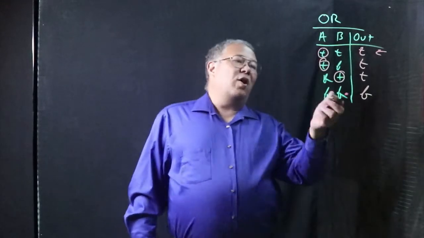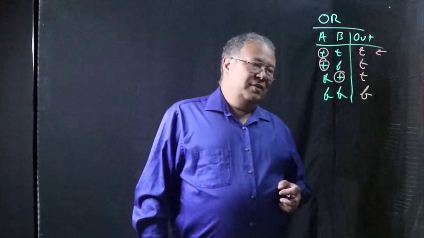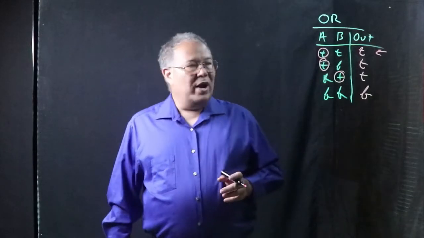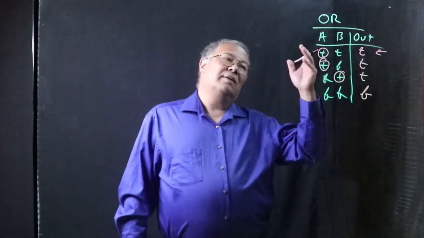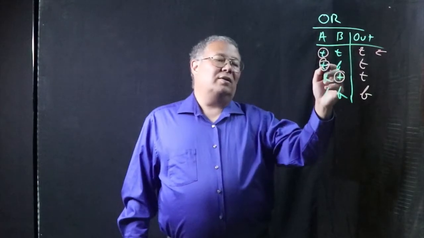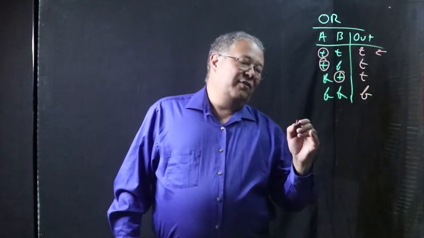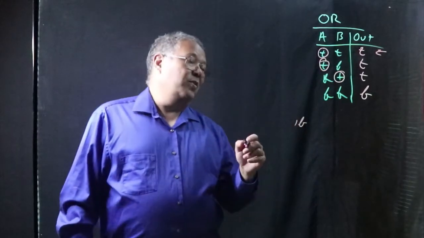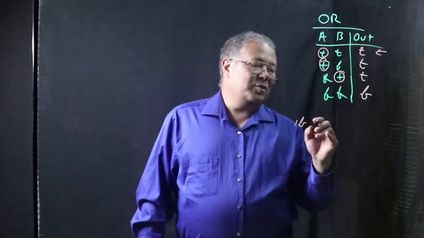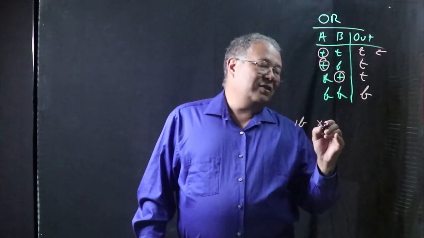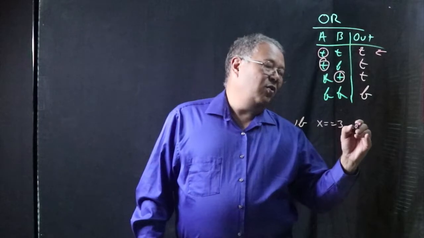So if either one of these happens, and some programs, depending on how you do it, you notice I only circled one. If I have x equals 3 or x equals 4, and I don't know which way Python works, I would find out from some experimentation.